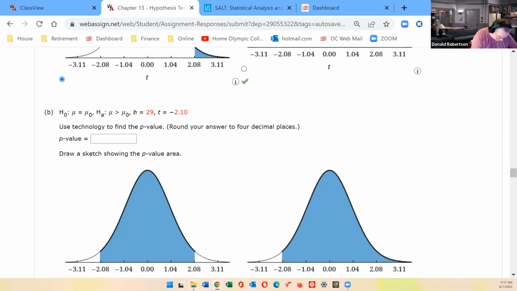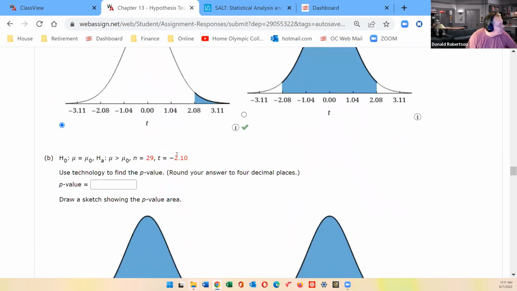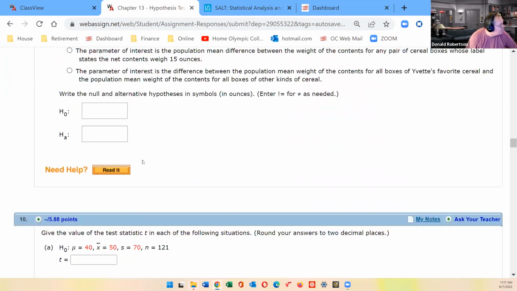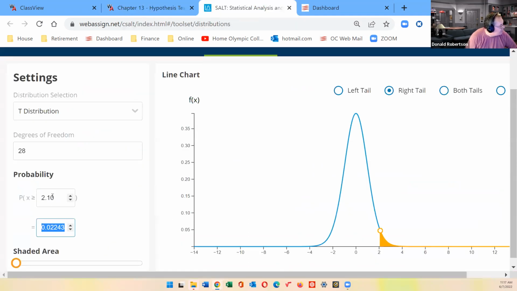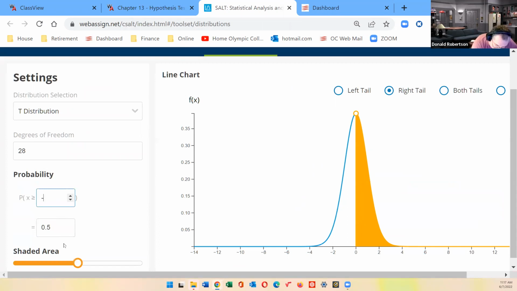This sample is 29 again. We're doing a greater than again. And the t-score that we're going to use is negative 2.10. Okay, I should be able to do all of that. So the only difference in that one is that this number was negative 2.10.